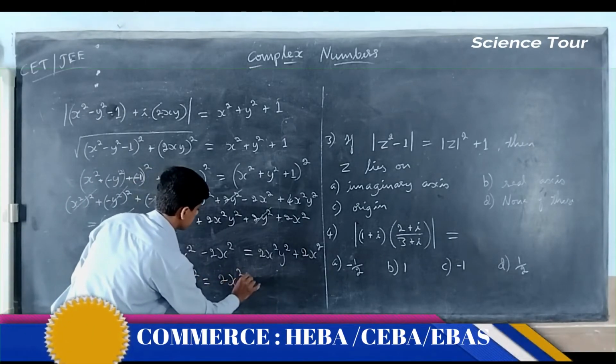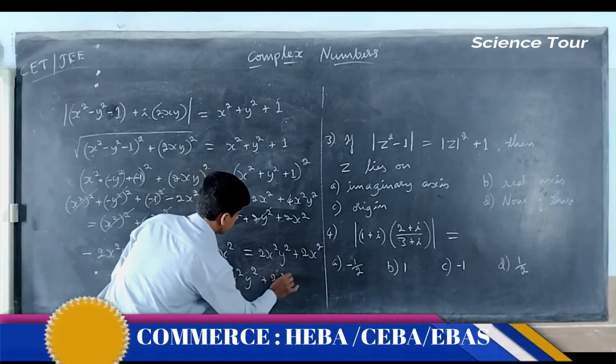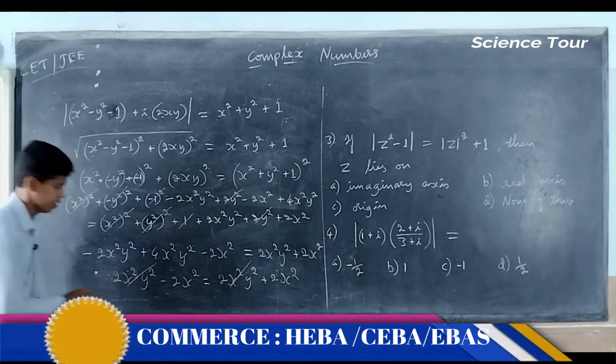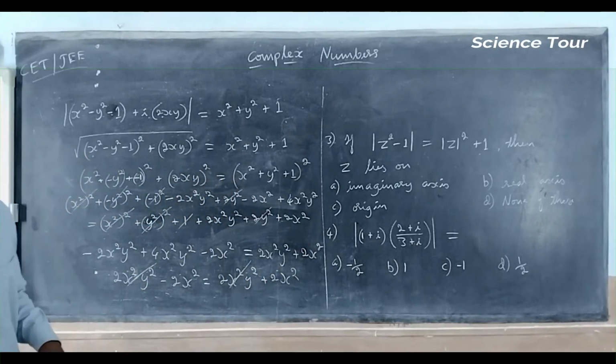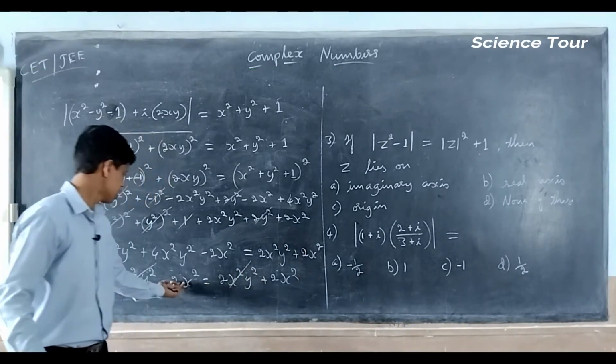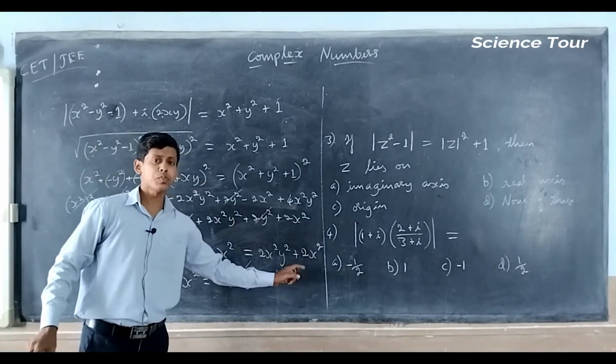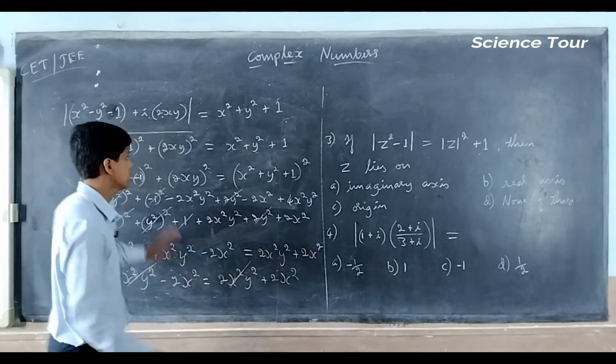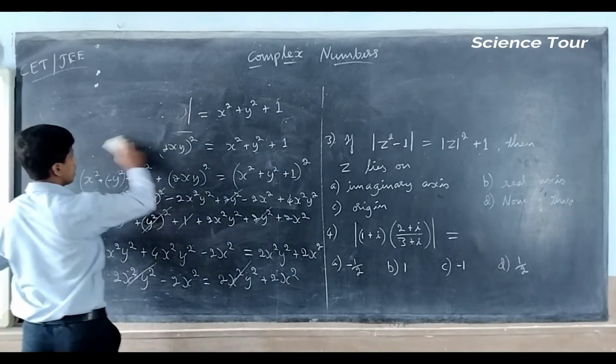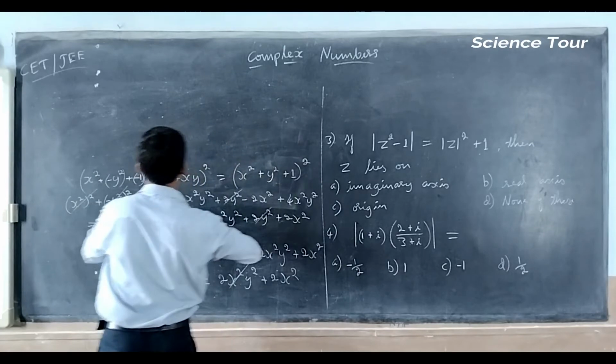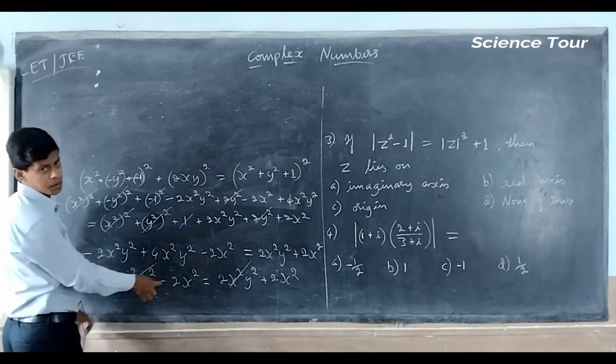So hence this is 2x square y square plus 2x square, hence that also will cancel. So now finally you are left with only this. So this minus 2x square, take to the other side, becomes plus 2x square. So take to the other side. So what remains here?